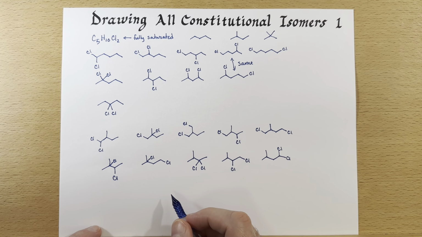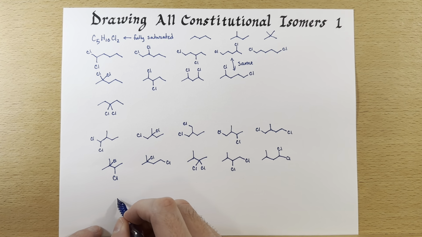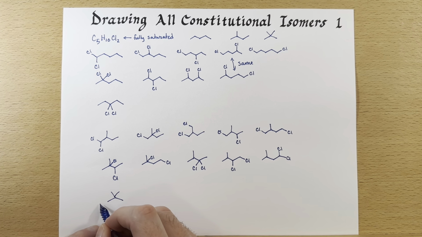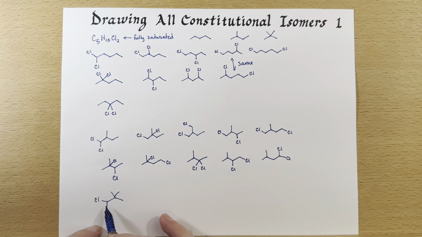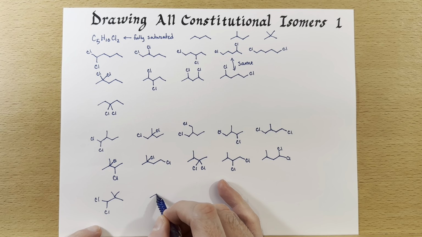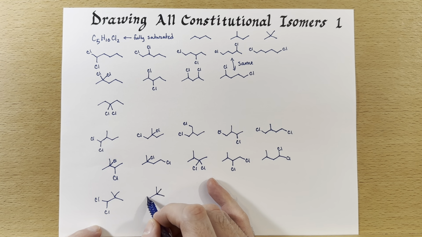Okay, we're almost done. There's just a couple more to draw. So we have the neopentane, and we can either put them both on one of these, the same perimeter carbon, or we can put them on different carbons.